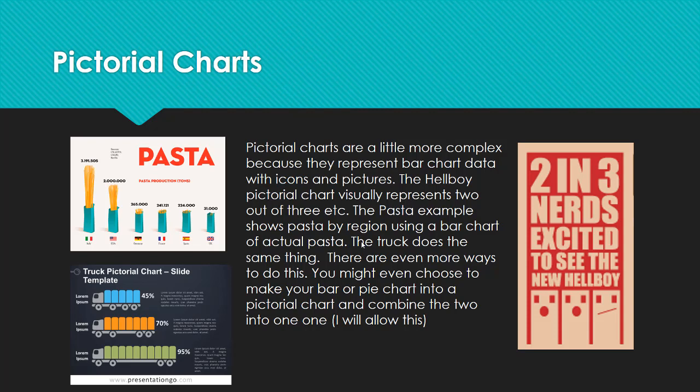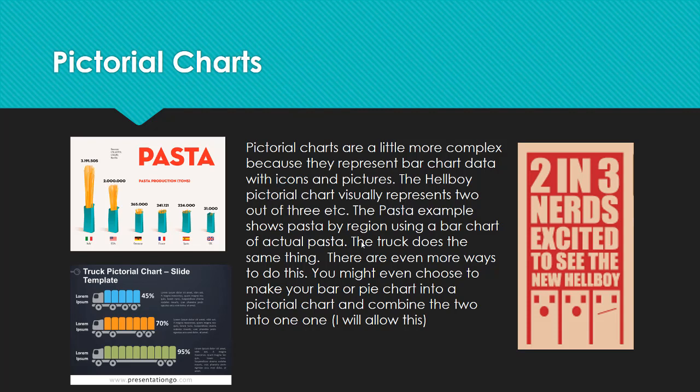Instead of actually having bars in your bar graph or actually having a pie in your pie graph, if you made your pie chart into a literal pie, that technically would be a pictorial chart. But normally it's about a certain number of information, right? So if I were trying to convey pasta like it does here in this bar chart, I could use pasta, or truck information, I could make the truck longer like you see here.